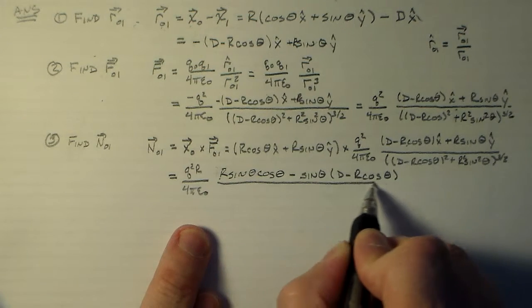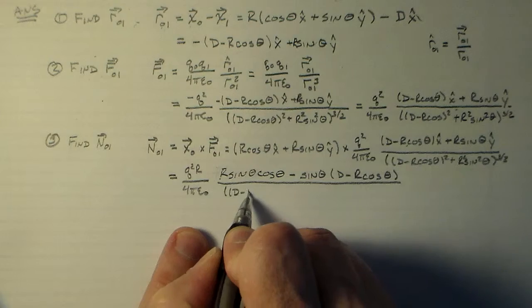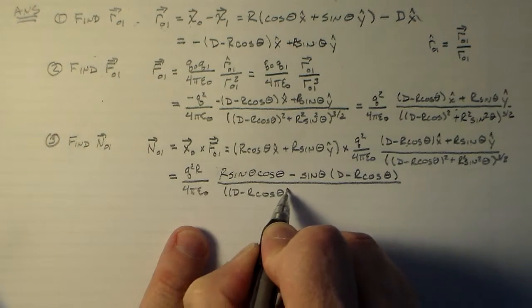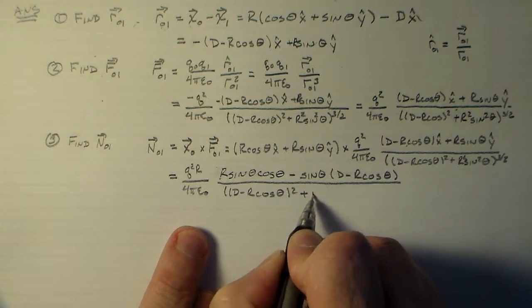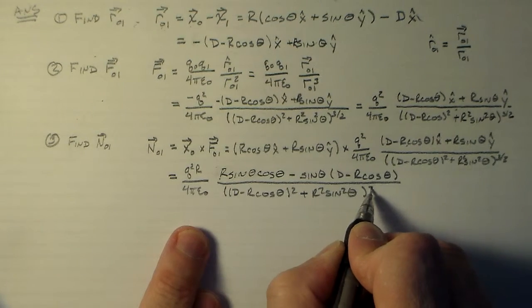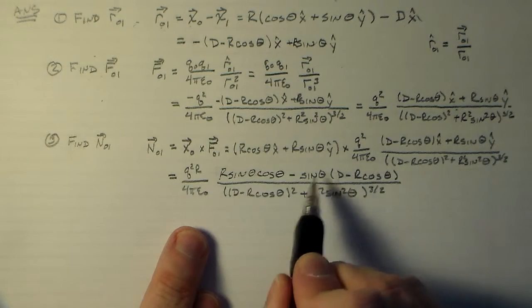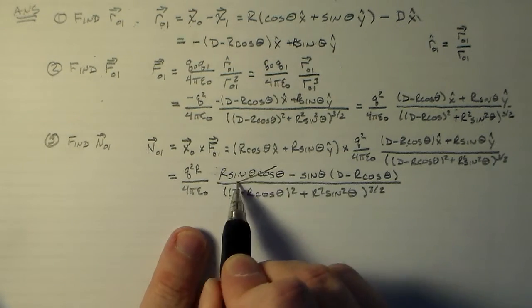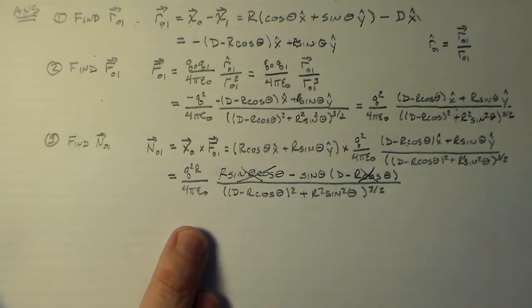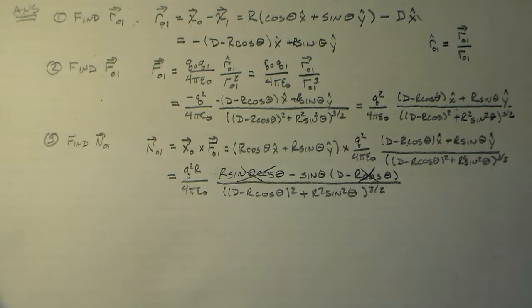and that's all over this denominator again, d minus r cosine theta squared plus r squared sine squared theta to the 3/2. A nice thing happens. This is a minus r cosine theta times sine theta, so this guy and this guy cancel. So we just have minus d sine theta, right?